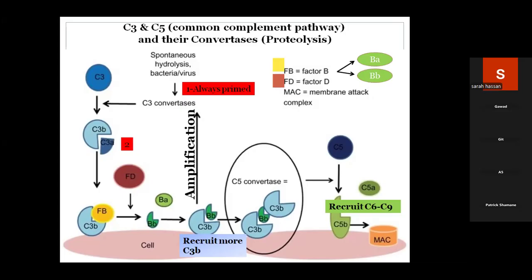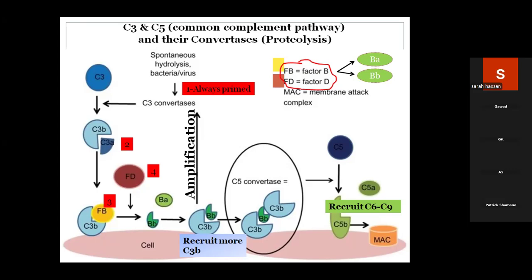Two factors are called factor B and factor D. Factor B will bind to the C3b part of the converted or active C3, and factor D will catalyze the reaction and cause degradation of factor B into two parts, again Bb and Ba.